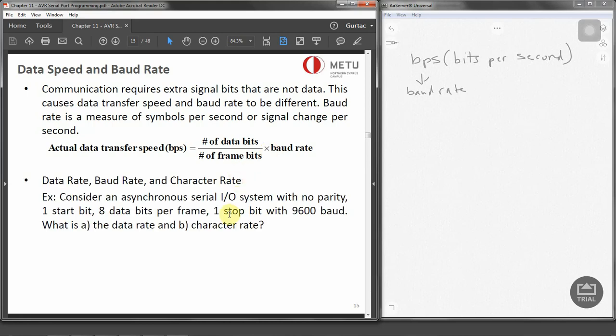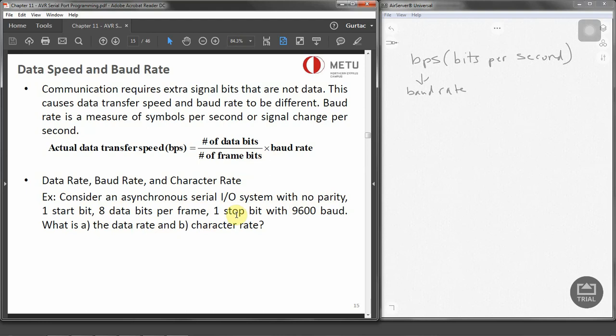Now, consider an asynchronous serial I/O system with no parity, 1 start bit, 8 data bits per frame, 1 stop bit, with 9600 baud. So what is the data rate and the character rate?